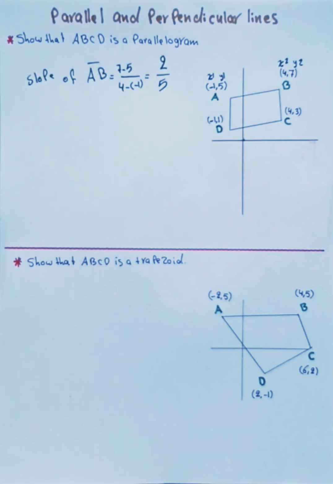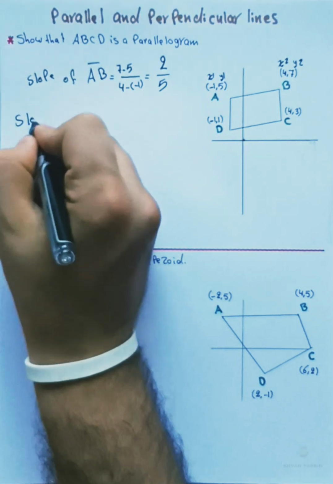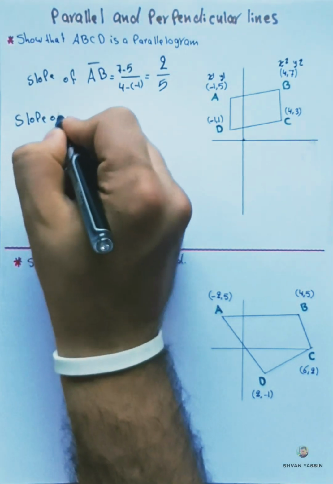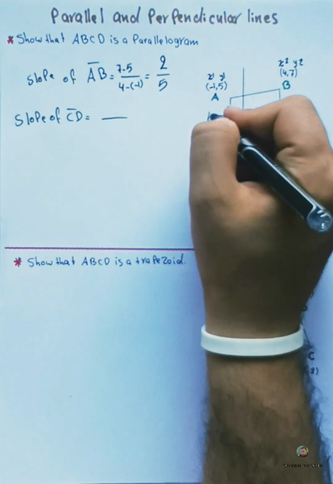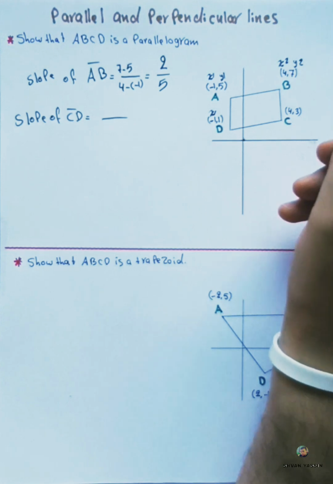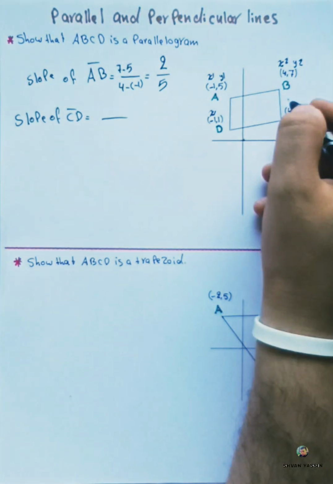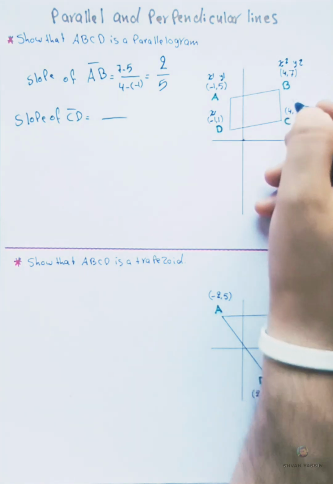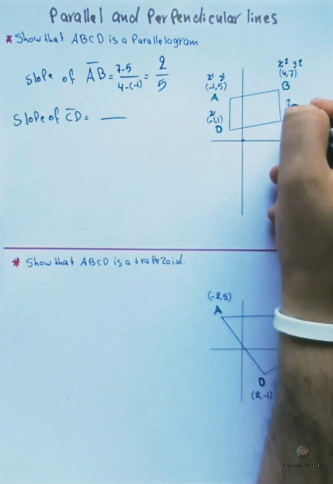After that, we have to find the slope for CD. So this is x1 and this is x2.